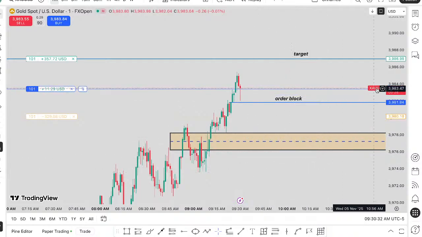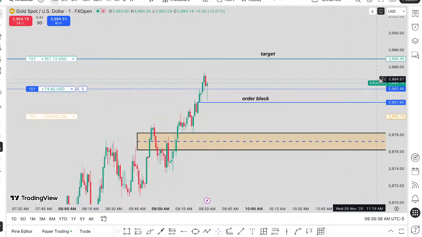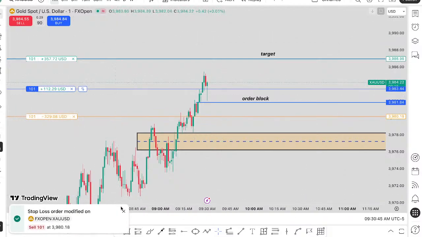I don't want to see too much movement. I just want to see a good move above this zone. No messing around, nothing here and there, just straight to the target. If it does not happen, this will be closed.